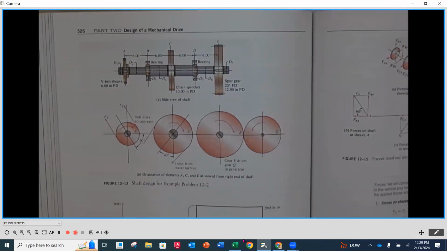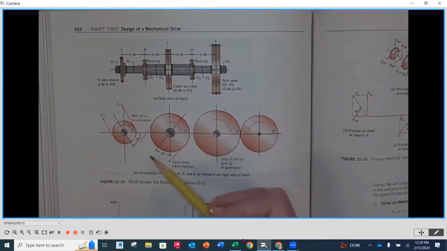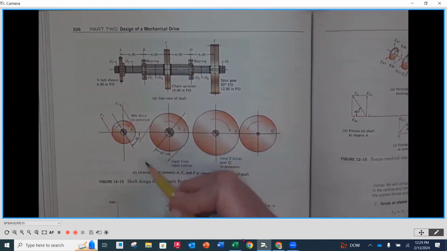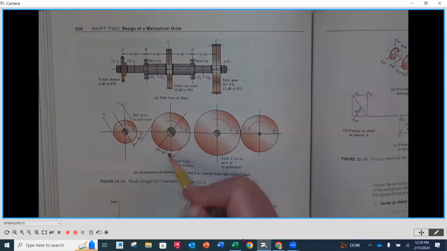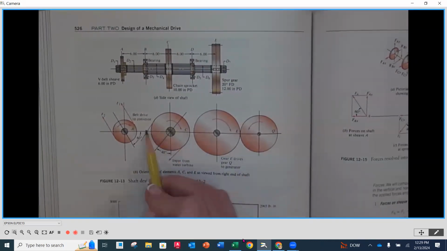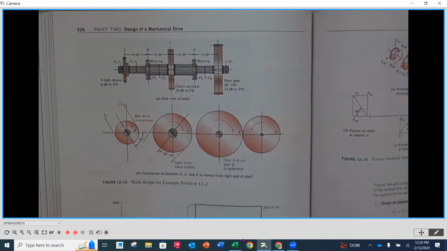Okay, it's not horizontal or vertical. So we need to determine the X and Y components of that force. So this force, if you would be pulling away, right along the center there. But because we are at a 40-degree angle, we're going to have an X component and a Y component. Okay. Sound like statics?